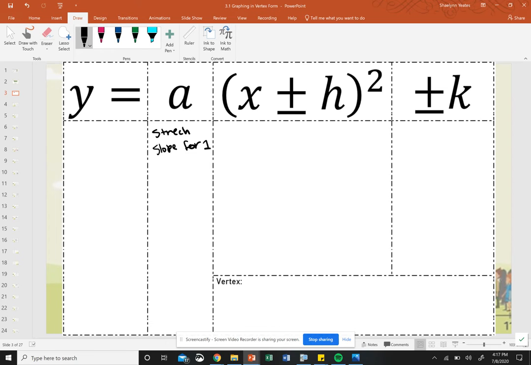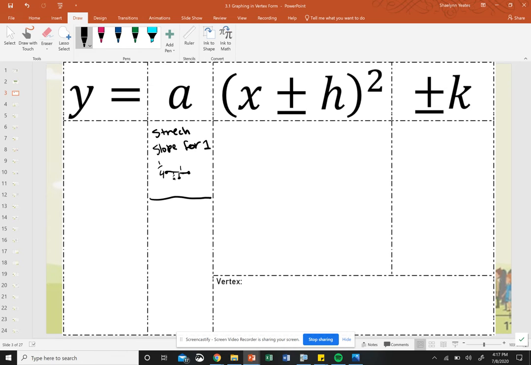It's my slope for 1 in both directions. So, for example, if it's 1/4, that means I'd go up 1/4 and then over 1. And that would be my next point from my vertex. So my vertex, up 1/4, over 1. If A was 1/4, that's how to graph it. And then I do the same thing in the other direction. Okay? So it ends up with this cute little thing.